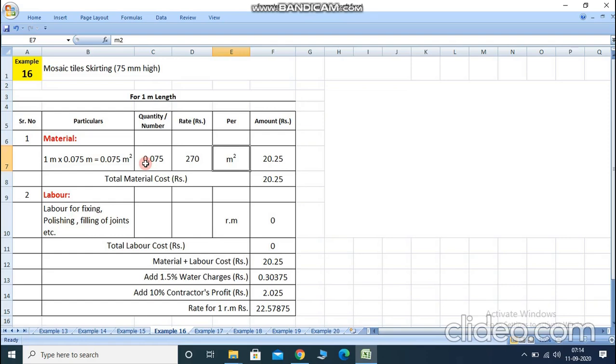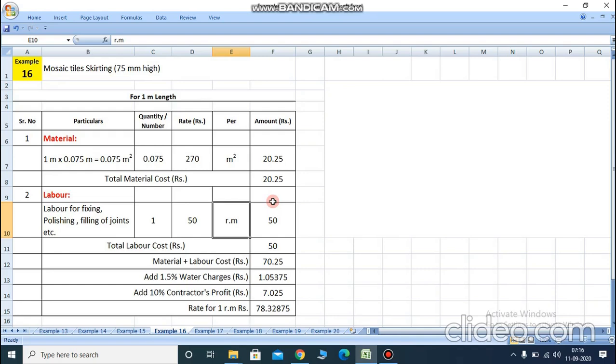Similarly, for labor cost, for fixing, polishing and filling the joints etc., per running meter labor cost is 50 rupees. As per the textbook value we take the rate, so 50 multiplied by 1.